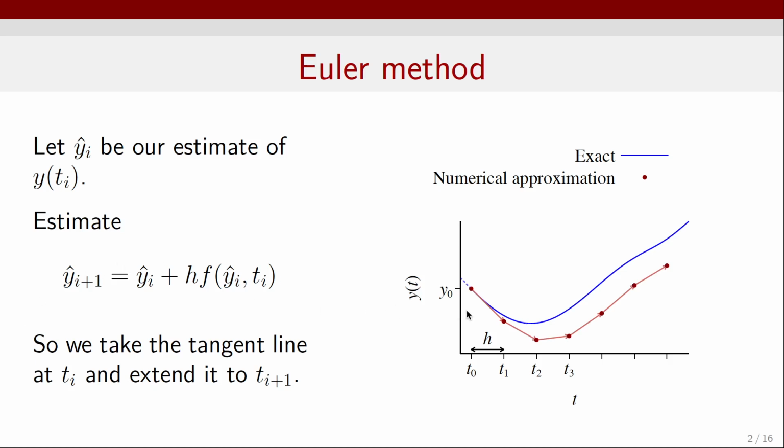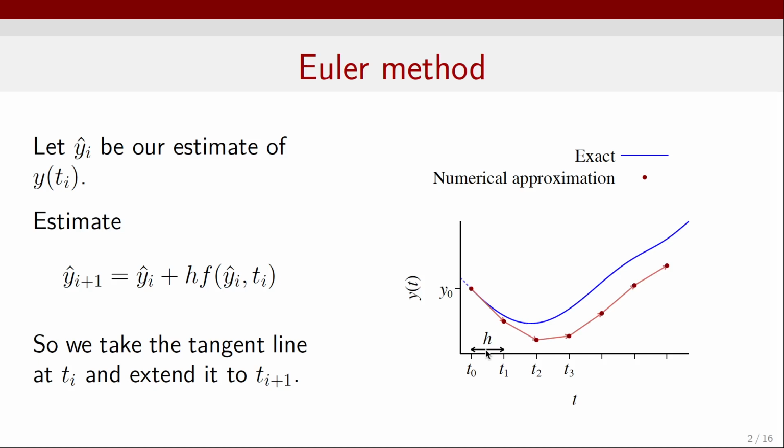We used the slope at time 0 or at time i to extrapolate by taking a tangent line here from ti to ti plus 1, and we set that slope equal to the slope calculated by taking yi plus 1 minus yi divided by the interval, or the time spacing, the time step h, or delta t.